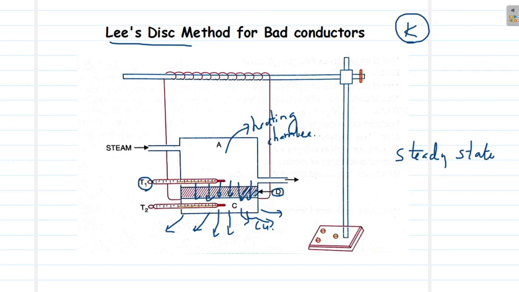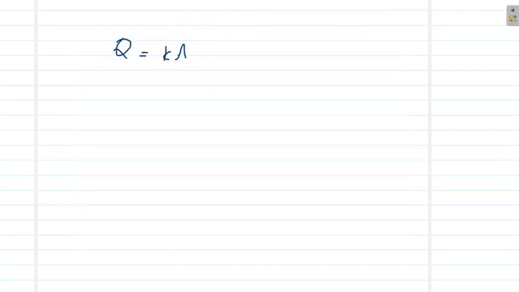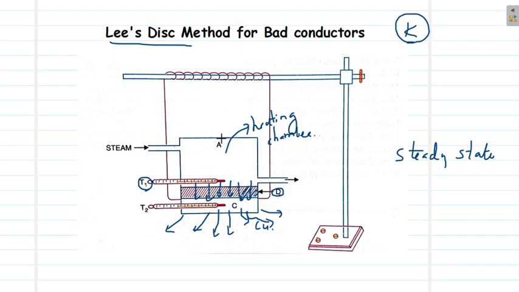Now we have two equations. First equation is the rate of flow of heat through the bad conductor. It is equal to K into A into (theta 1 minus theta 2) divided by D, into t. t is usually taken as 1 second. A is the area of cross section of this disk and D is the thickness of this disk, or the distance traveled between these two temperature regions.